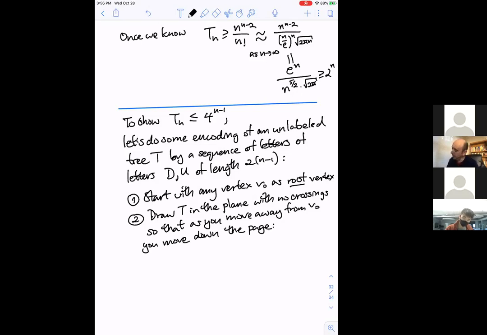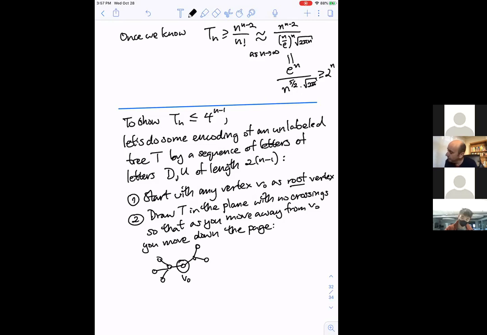Let me show you what I mean. Suppose I began with a tree like this. There's my unlabeled tree. I just pick an arbitrary vertex to be V0. It doesn't matter who I pick. It could be a leaf.